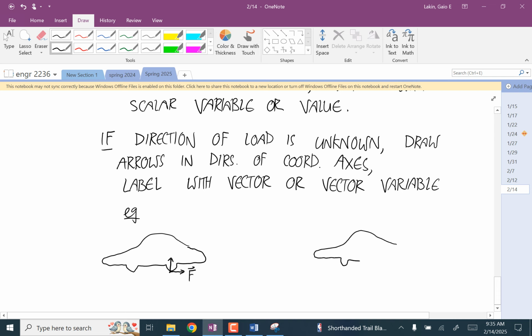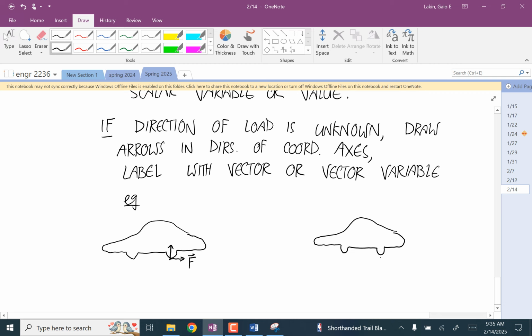You also often see people do one in the direction of one axis, one in the direction of the other axis, and call it Fx and Fy, breaking it up into the components. Okay, but I'm going to do it like the one on the left.